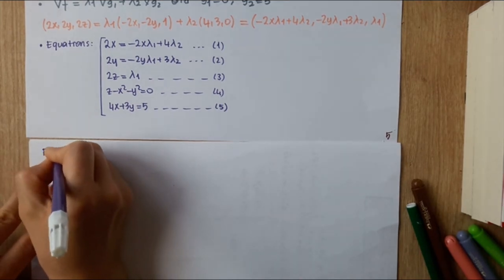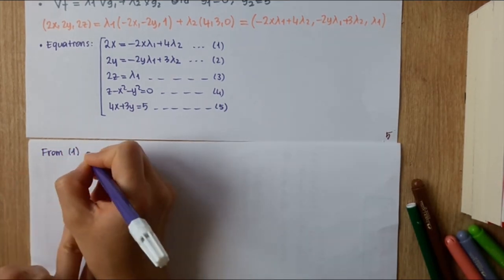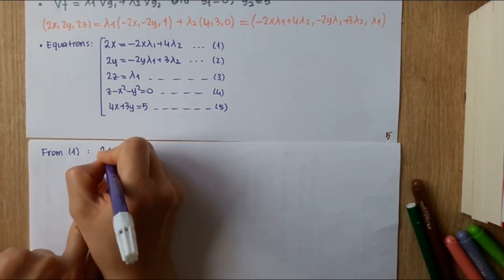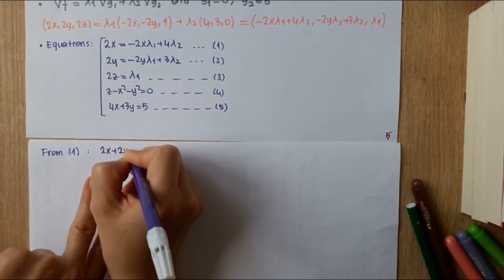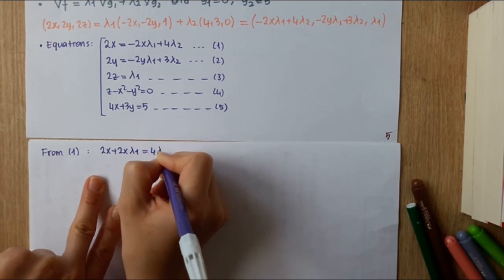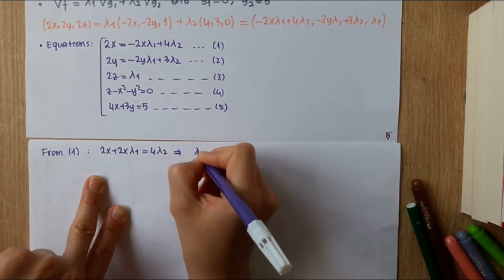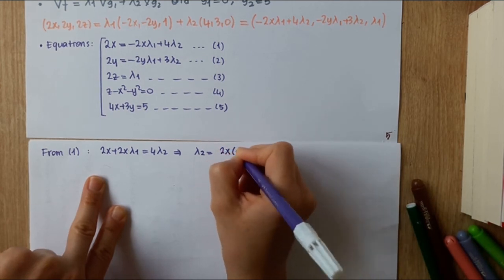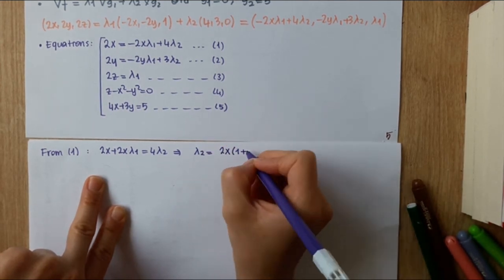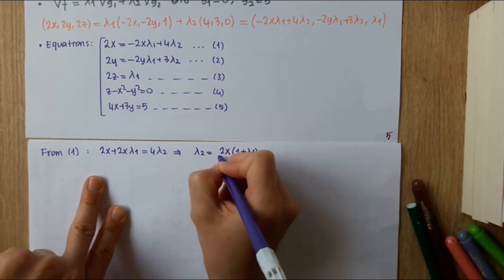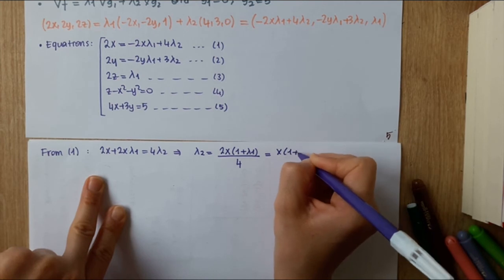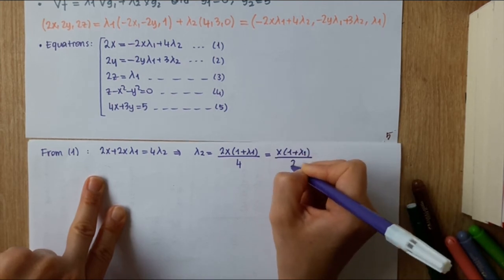From 1 I have 2x plus 2x lambda 1 equals 4 lambda 2. So lambda 2 equals, in the common parentheses of 2x, 2x times 1 plus lambda 1 over 4. I can cancel 2's. x times 1 plus lambda 1 over 2 we have.